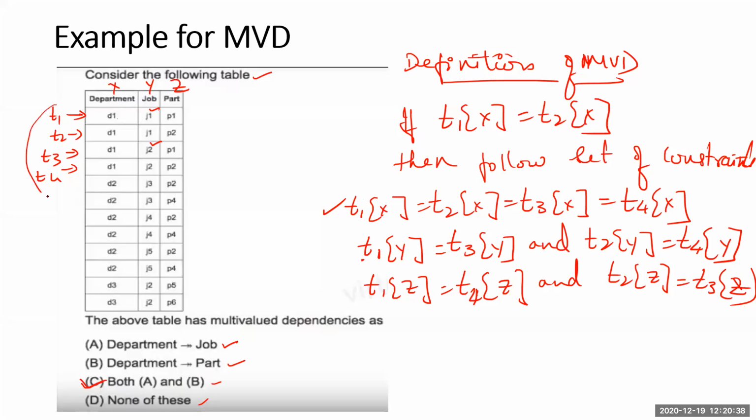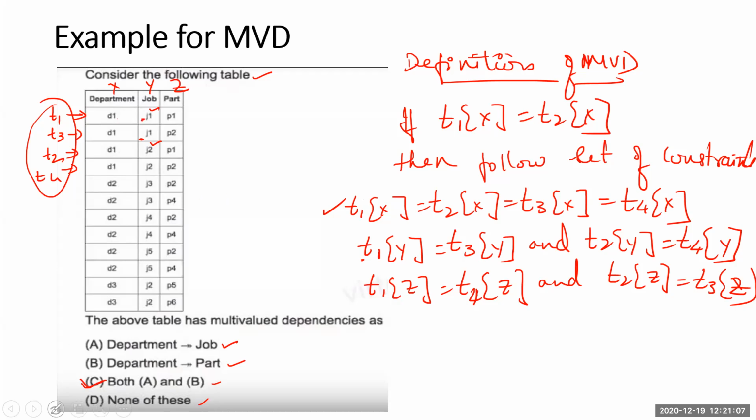So I just have to rearrange the tuples. T1 and T3 should be equal. See, these two are equal, right? So what should I change now? Second should come T3, next should come T2 and T4.